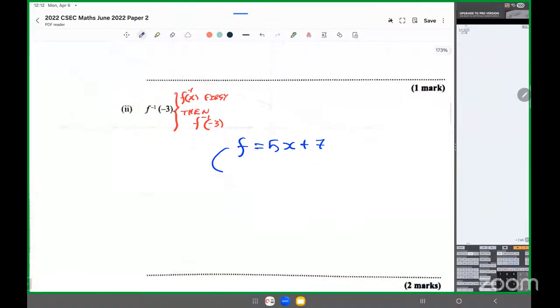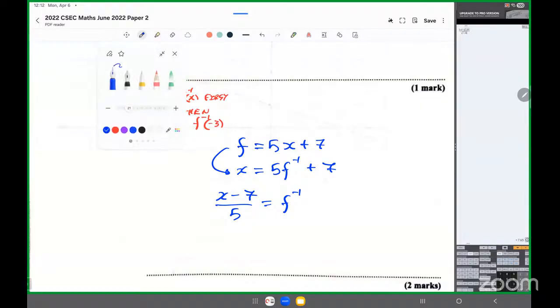So inverse this f. The f becomes x. 5 times this x becomes f to the minus 1, which is the inverse function, plus 7. You want to make this f to the minus 1 the subject. If you move this 7 first, it becomes x minus 7, and then take this 5 and divide under here, over 5.